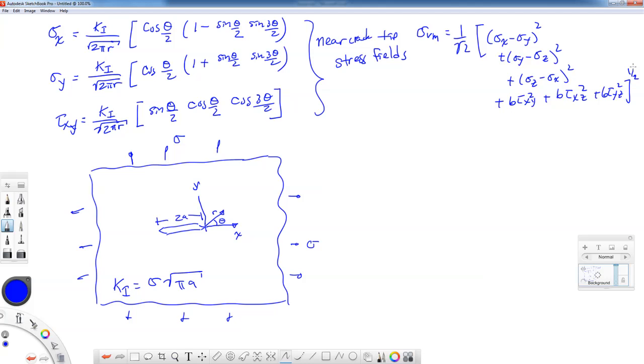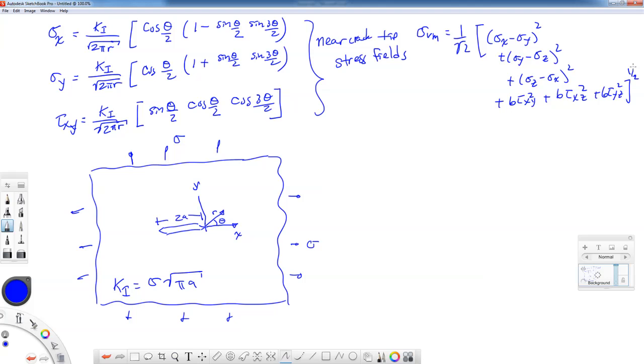And the reason why we're going to do this is because Abaqus very easily spits out a von Mises stress contour for us. We'll be able to compare the stress contour from our analytical solution to the stress contour that we get from Abaqus.